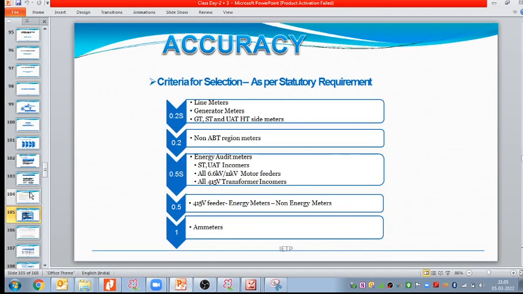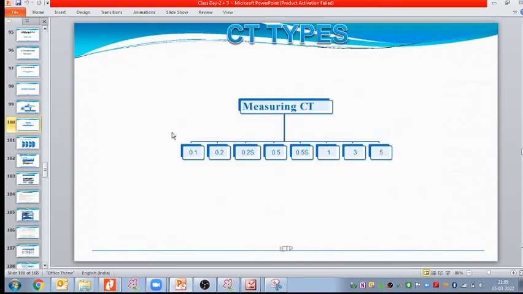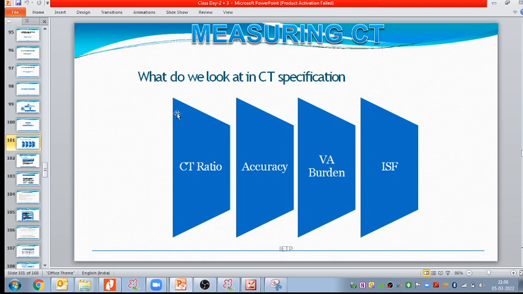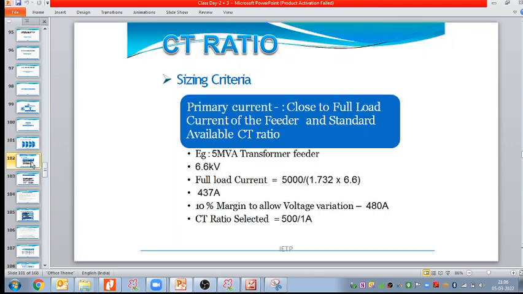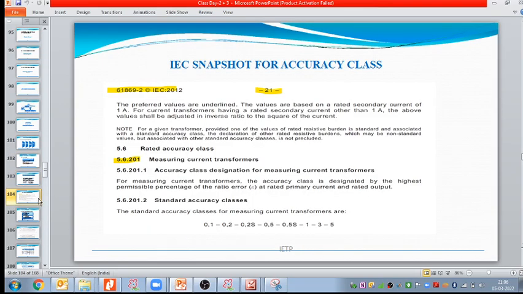So yes, let me take this metering CT we are taking, and these are the available accuracy classes 0.1, 0.2, 0.2S. This information I have taken from the IEC standard. And we discussed that for the metering CT, these four parameters we have to look at. CT ratio already we have done, 1 and 5 ampere already yesterday as we have discussed. Now coming to the accuracy class selection.